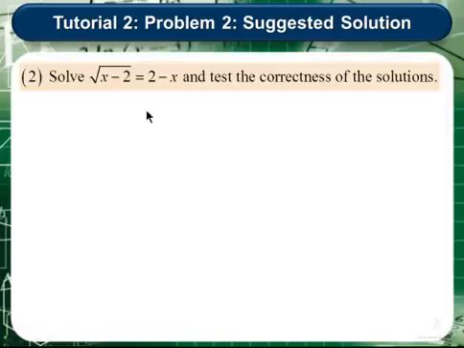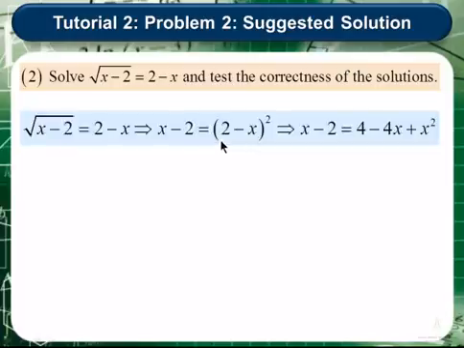In problem 2 of tutorial 2, we have a quadratic equation in disguised form, so we have to square both sides of this given equation in order to standardize this particular equation as a quadratic equation. So in doing that, we have on the left hand side x minus 2, the right hand side, if we square, we have 2 minus x all to the power 2.